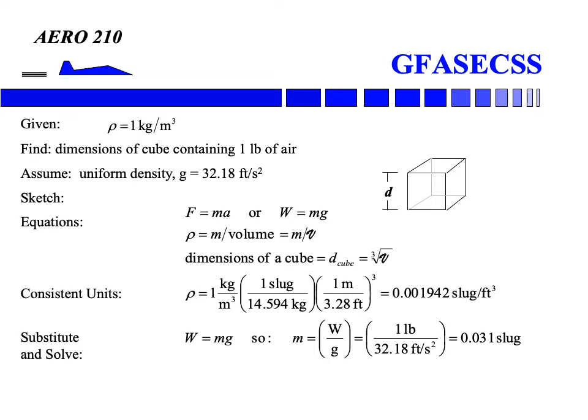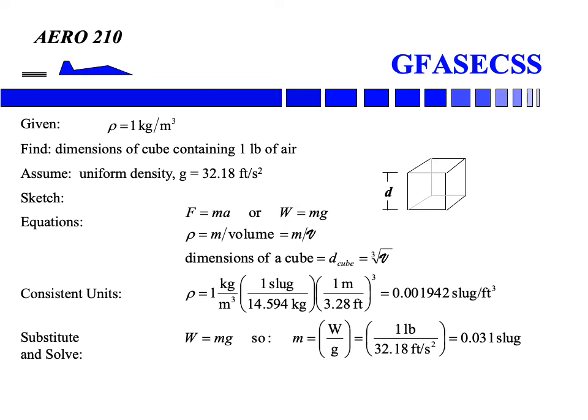We have the definition of density as mass per unit volume, and we're going to give volume the symbol script V. We have not at this point given a symbol for volume, and we don't want to confuse it with the symbol for velocity, so we'll use this script V to keep it distinguishable from velocity.